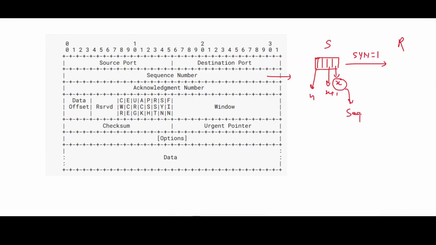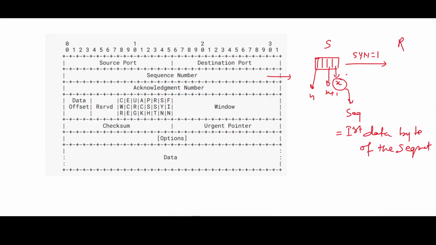You can define it this way: the sequence number is the number of the first data byte of the segment. Clear? It is the number of the first data byte of the segment.